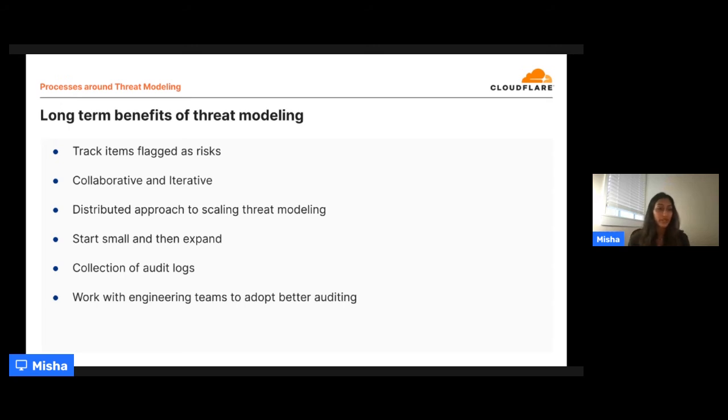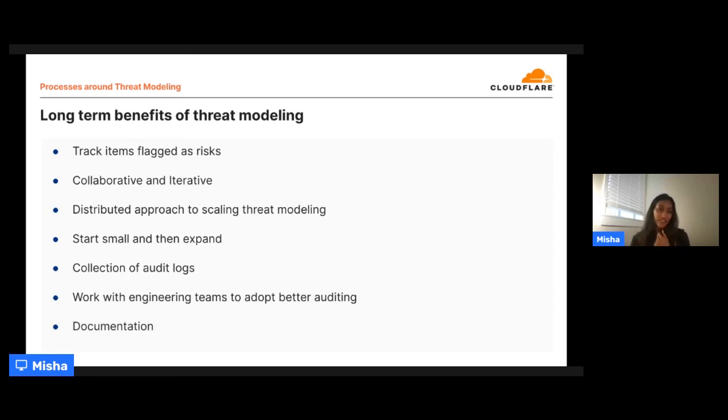Work with engineers to adopt better auditing. I think I've spoken about this point to death, but making sure that engineering teams know that auditing is not just for debugging, that there are benefits to certain kinds of audit logging for detecting malicious behavior.